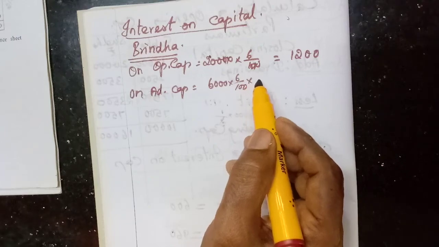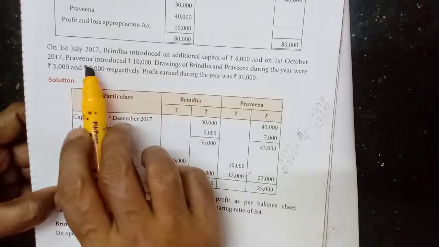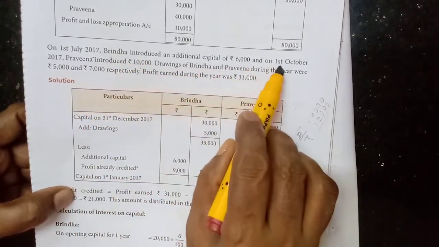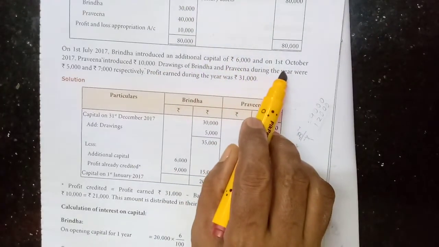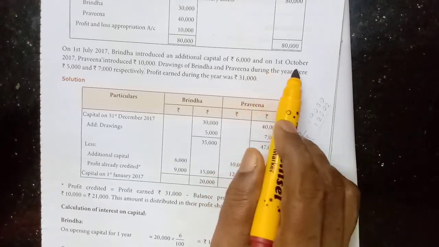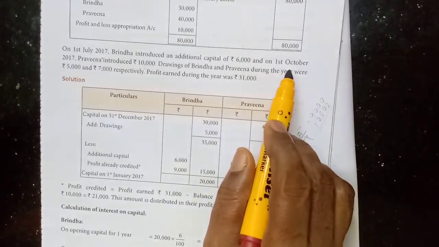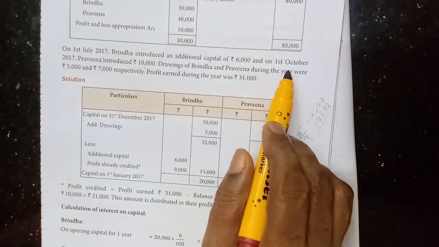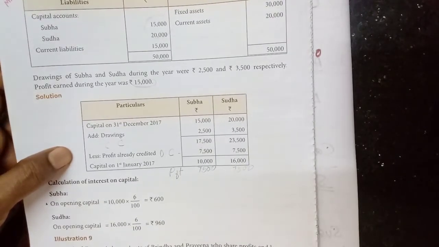Then date we need to calculate, isn't it? Brinda introduced which date? Sorry, wait. 31st December only it is closing.